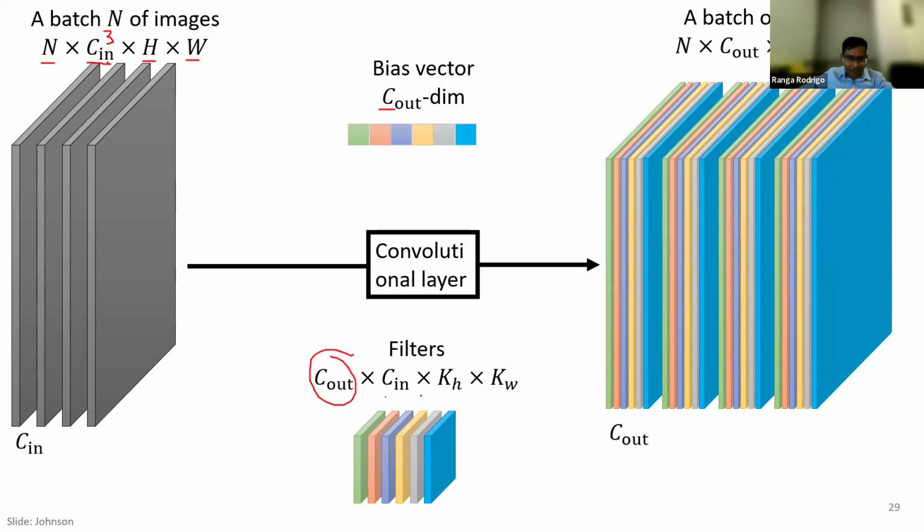Each filter will be kh times kw, maybe 5 by 5. And C in will be the depth of the kernel, the number of channels in the kernel. In this case, it's 3. So you will get C out activation maps for each of the images. Finally, the tensor size will be N times C out times H prime times W prime. You know how to compute H prime and W prime.